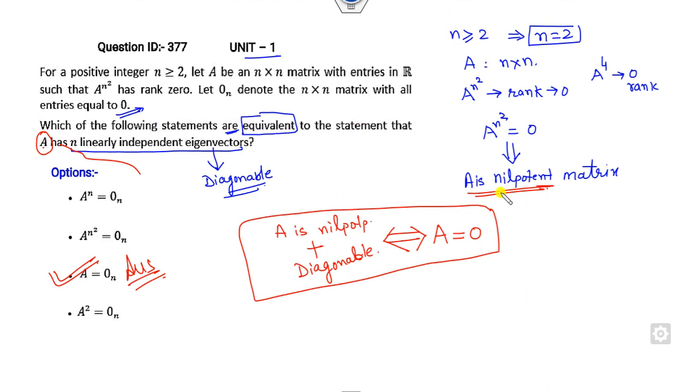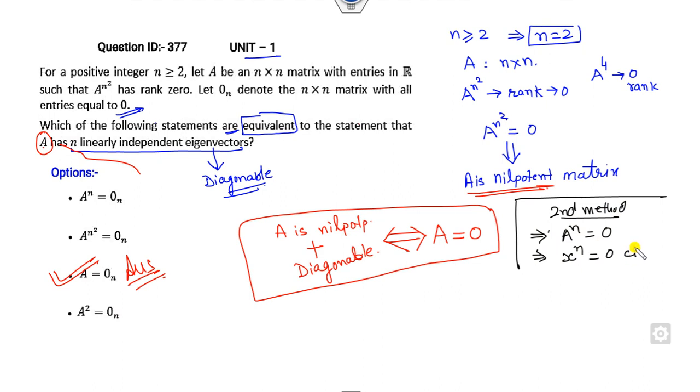Another method, if you forget about that, you can think about it here. The second method is, because we know that A of n square is 0, A is a nilpotent matrix. What is the meaning of that? A of n is 0. So this is my characteristic equation.